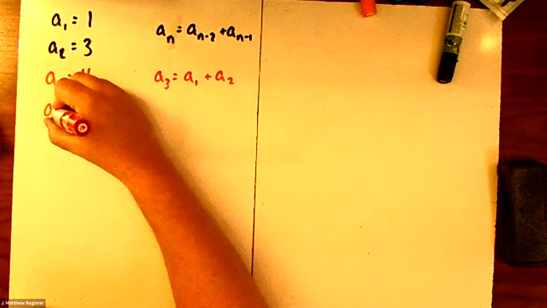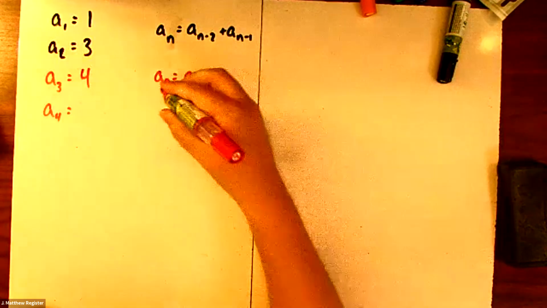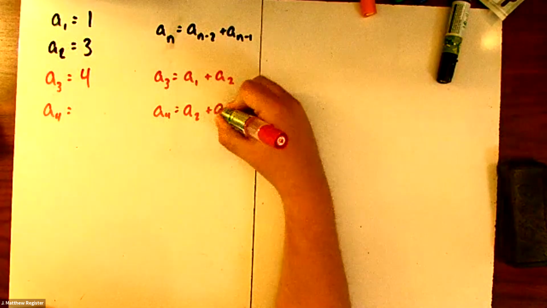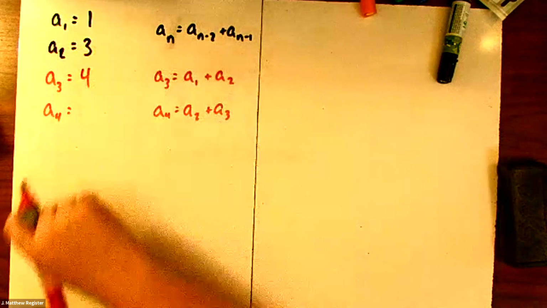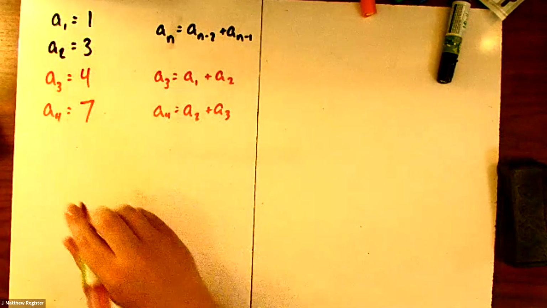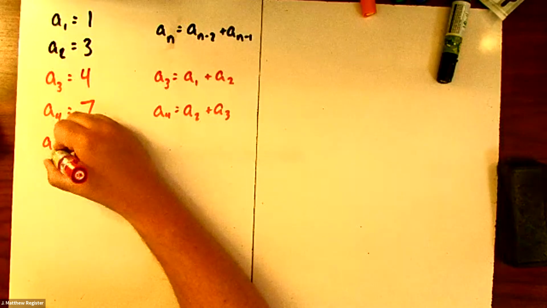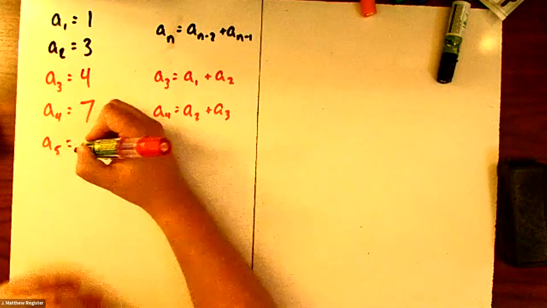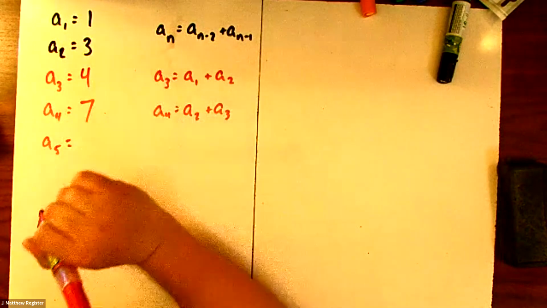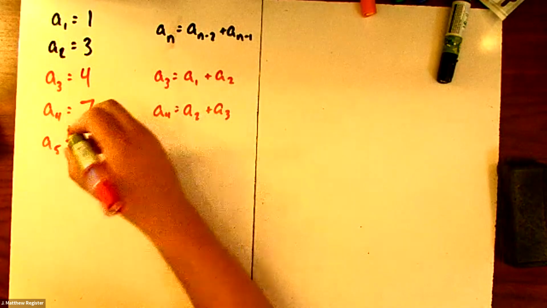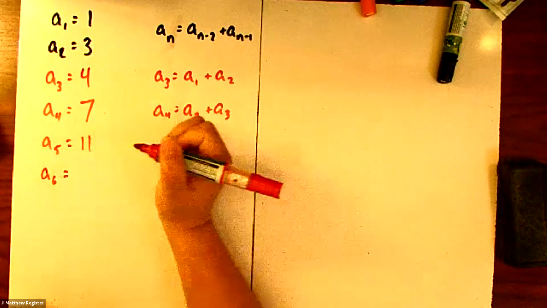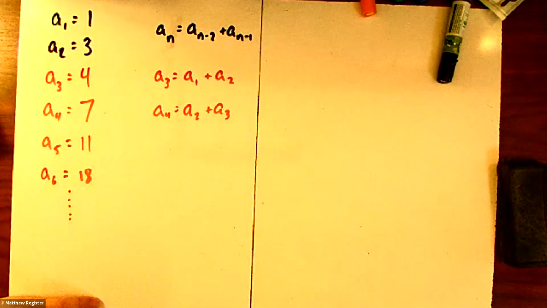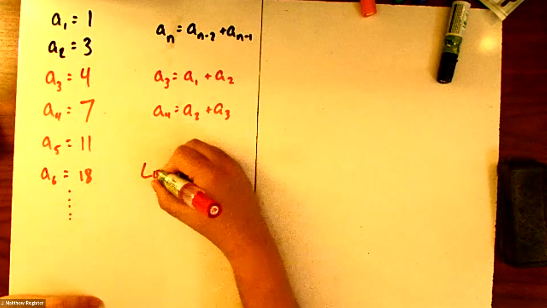To figure out a sub 4, that's going to be a sub 4 is equal to a sub 2 plus a sub 3. 3 plus 4 is 7. A sub 5. You might notice the pattern at this point. It's just adding the prior two elements. So 4 plus 7 is going to be 11. A sub 6, well, that's going to be 7 and 11 is 18, and so on. I believe these are called Lucas numbers.